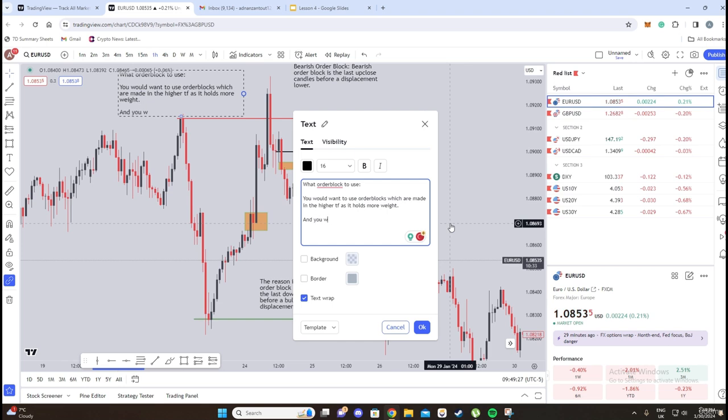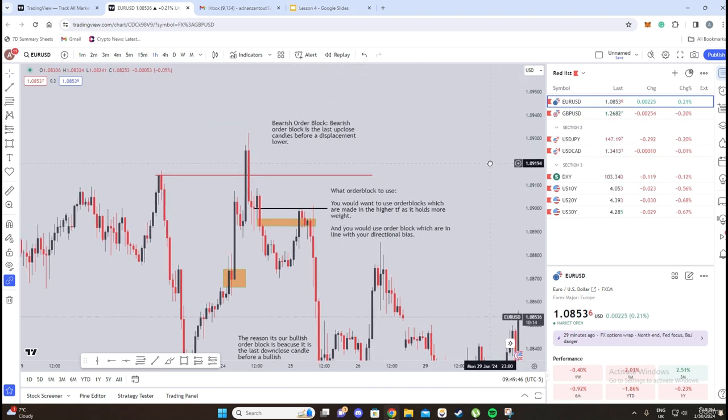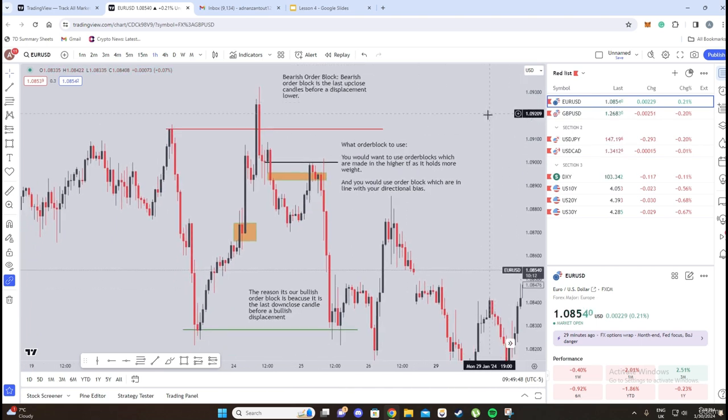And you would use order blocks which are in line with your directional bias. Meaning, if you're bullish, you're not going to be paying too much attention to bearish order blocks. You'll just be paying more attention to the bullish order blocks because it's in line with your bias.